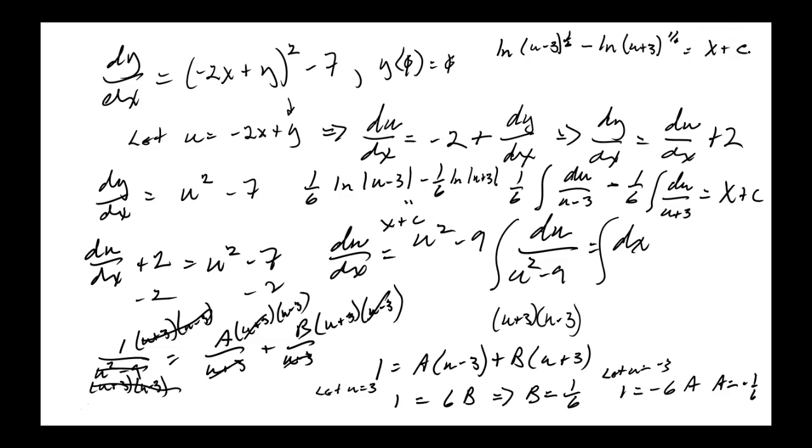Well, the difference of two logs is the log of the quotient. So this will be the log of u minus 3 over u plus 3, all to the 1/6, and that's equal to x plus c.